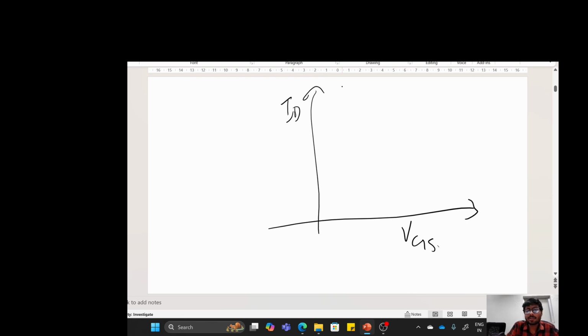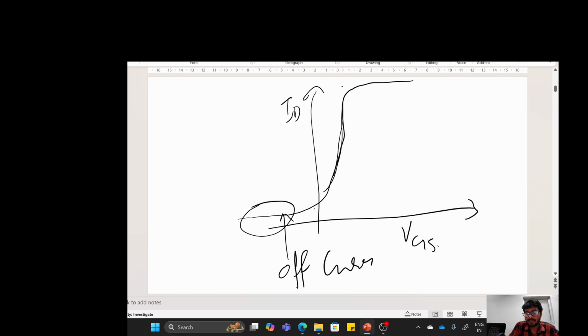In a log plot, it will come like this. This is the subthreshold region, this is the off current, and this is the on current.